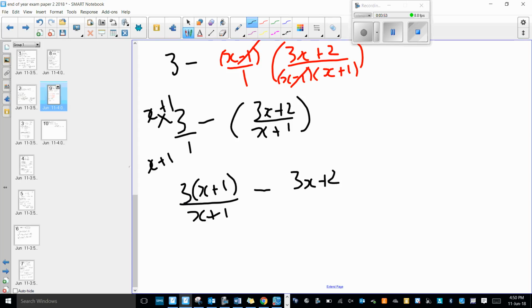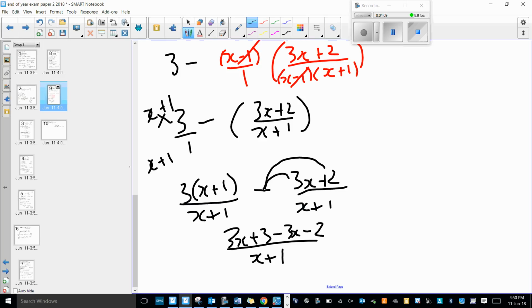Then we're going to expand the bracket and simplify, so we've got x plus 1 as a single fraction: 3x plus 3 subtract 3x subtract 2. And remember, this negative sign affects both of these two terms. So 3x subtract 3x is nothing, and 3 subtract 2 is 1, over x plus 1. Done.